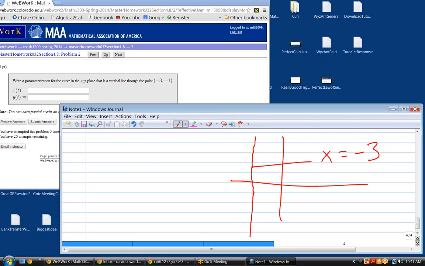This looks like a straight parametric. I do not know how to do this. I'm trying to figure out in my head how we could do this.